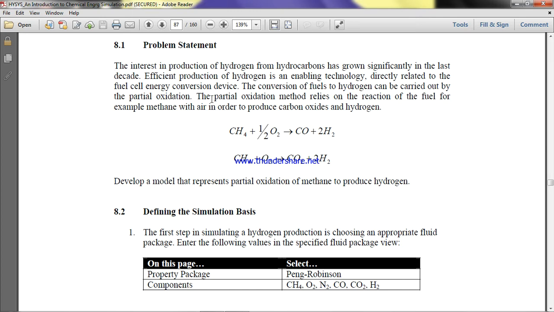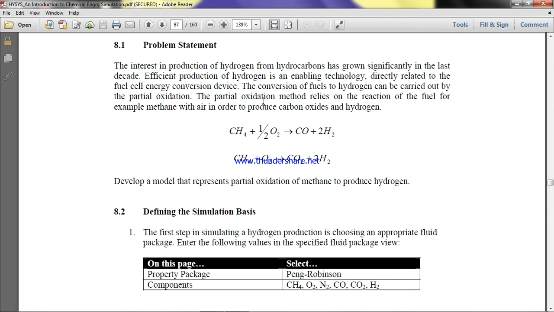So we are taking this example from this work, so we will solve it using UNISIM software.